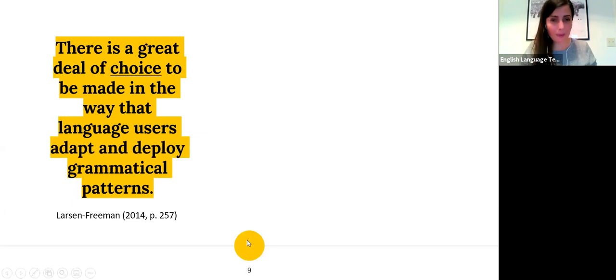And this is a very important point, because yes, there are patterns to be learned in the structure, but there's also a great deal of choice in the way that users, especially native speakers, choose to deploy one versus the other. So let's take a look at these sentences here.